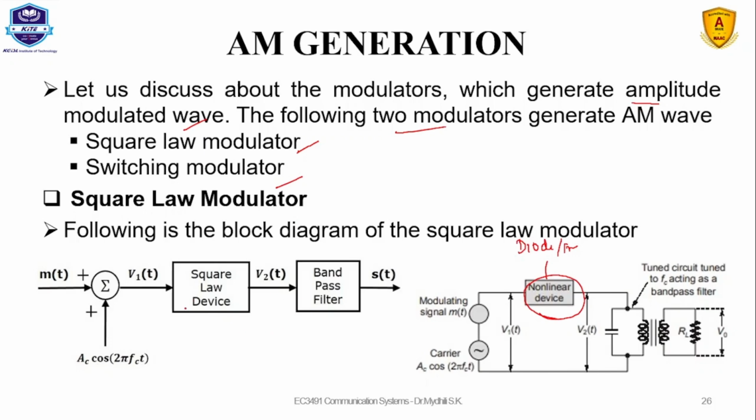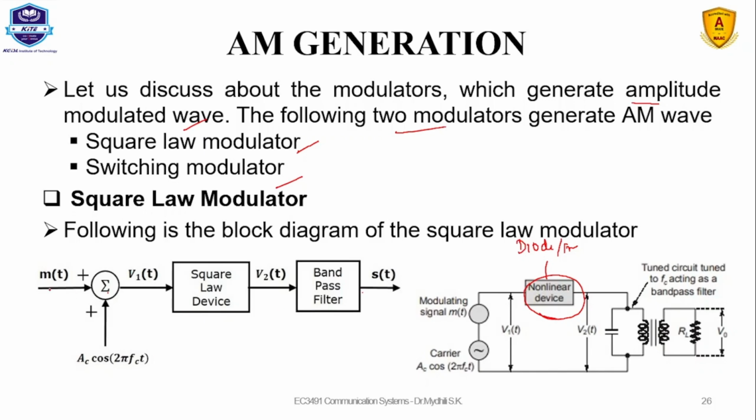It consists of three components. One is the summer, which is nothing but the adder, another is the square law device or non-linear device, and the third is a filter. There are three components used for a square law modulator.